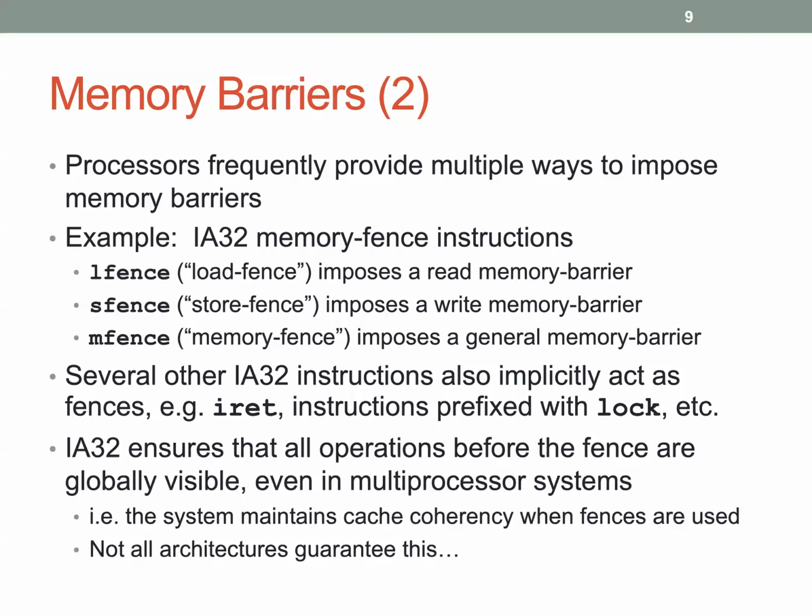Okay, there's a few other things as well. And IA32 is actually a super helpful instruction set architecture. It already imposes certain constraints on read ordering and write ordering that are very friendly to writing lock-free code and low-level operating system code. Other processor architectures can be really nasty.